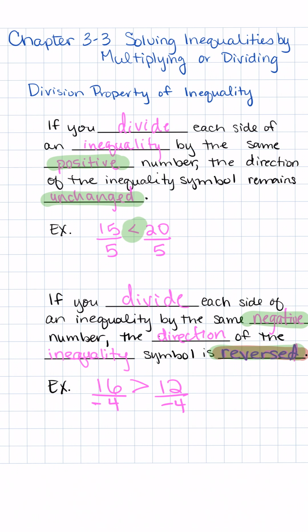So our answer would be negative 4, change the symbol, is smaller than negative 3. So see, it makes sense when you think about what it actually equals. Okay, so that is important.